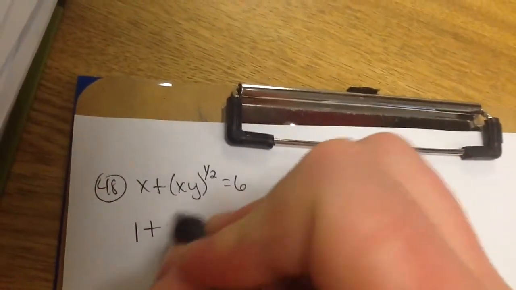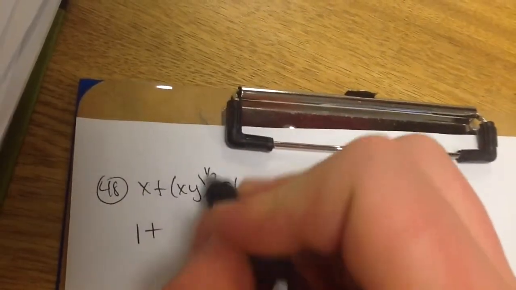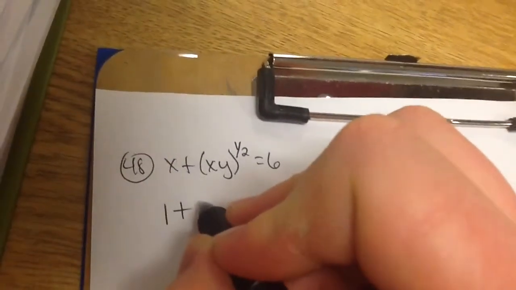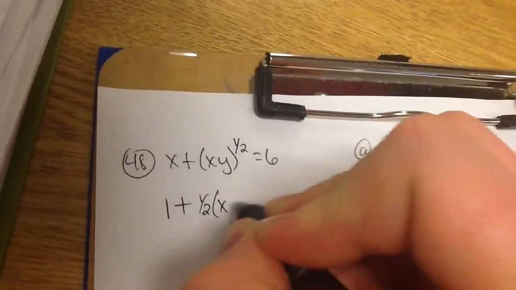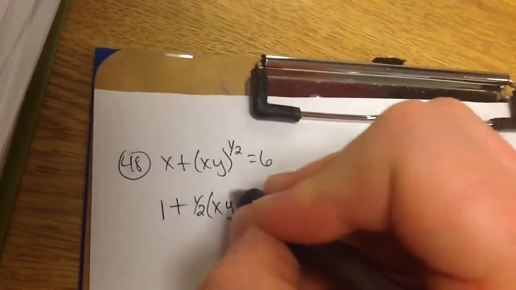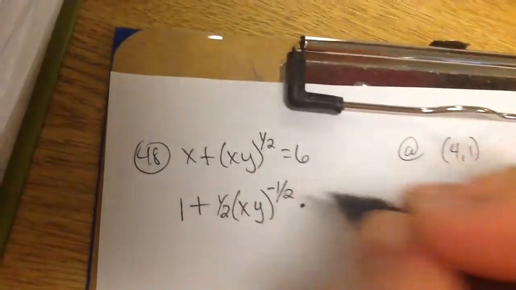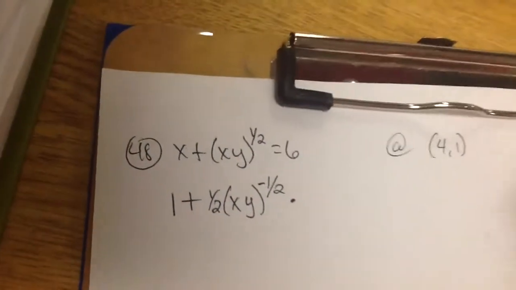So derivative of the outside, we got an outside here, and then on the inside we're going to have product rule. So that's why I said that sucks. So we're going to have 1 plus 1/2 times xy to the negative 1/2. There's the derivative of the outside, times the derivative of the inside, so times the derivative of x times y.